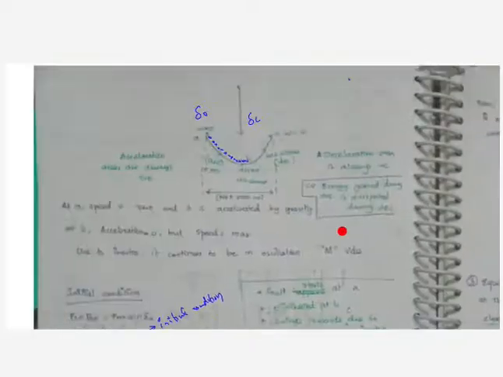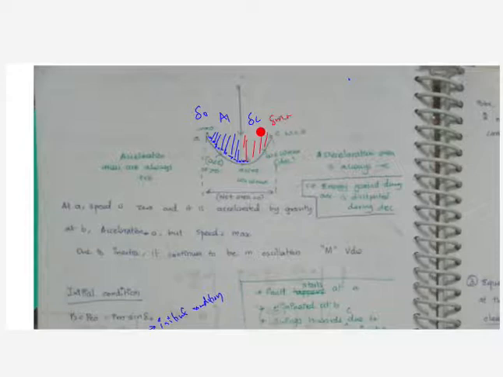So basically, if the fault is cleared, consider this blue as area 1, the area between delta 0 and delta C, and consider the area between delta C and delta max as A2, right? If area 1 is less than area 2, then the system will be stable.